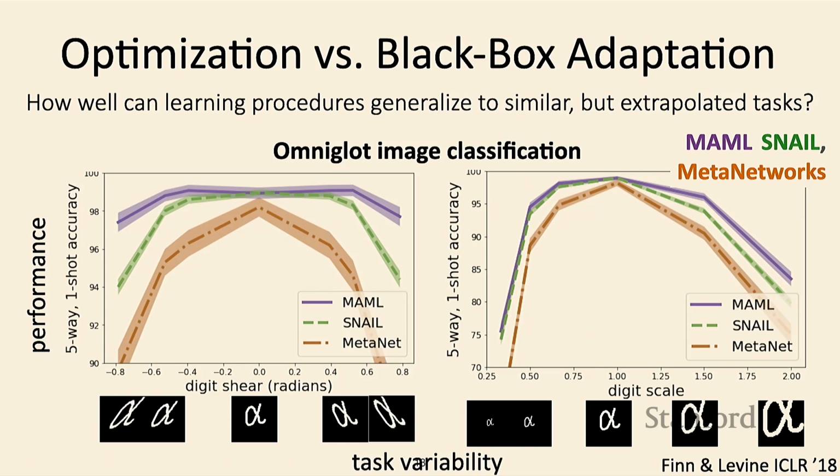Yeah. As a baseline, can we treat the parameters that come from the black box model and fine-tune them on the training set for the test task, and just check the performance? You're asking, can you, as a baseline, fine-tune the black box meta learner?